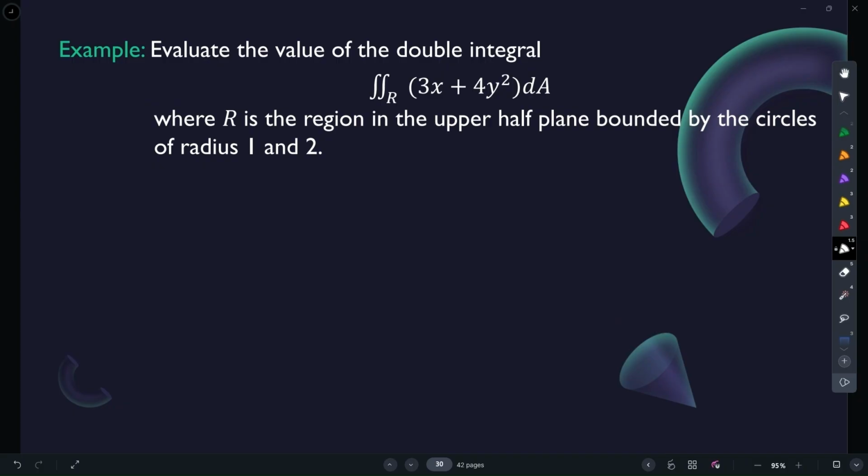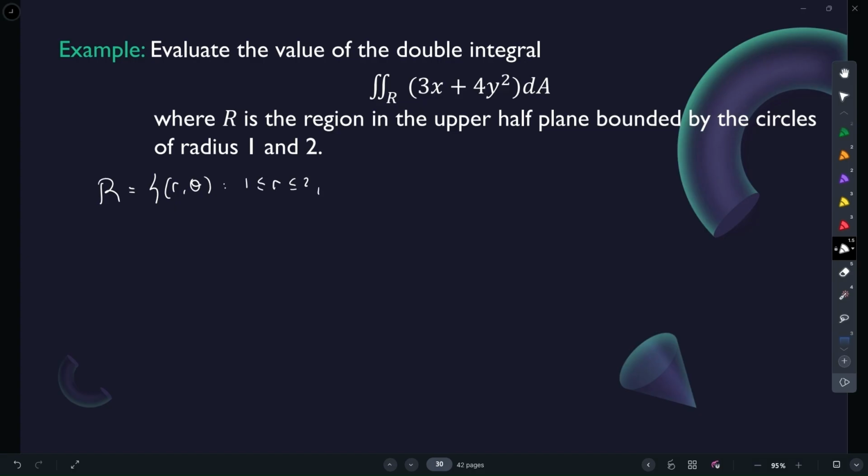Let's do another integral. This time I'm going to integrate the function 3x plus 4y squared over the region in the upper half plane bounded by the circles of radius 1 and 2. I know what the region is. We drew it before. So this is the points (r, theta) in polar coordinates such that the radius is between 1 and 2.